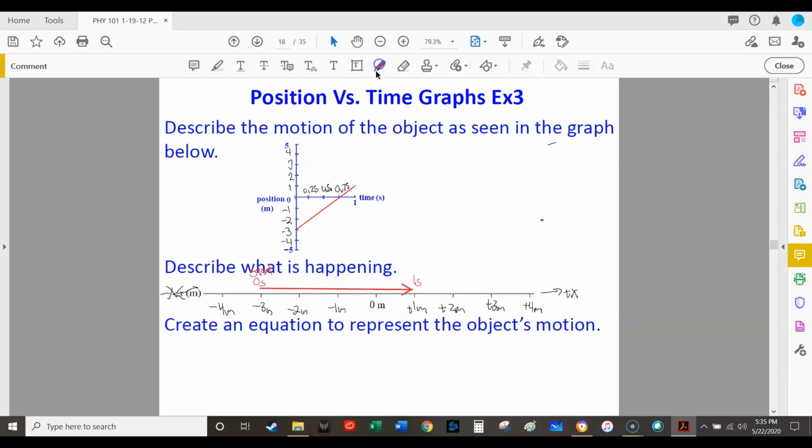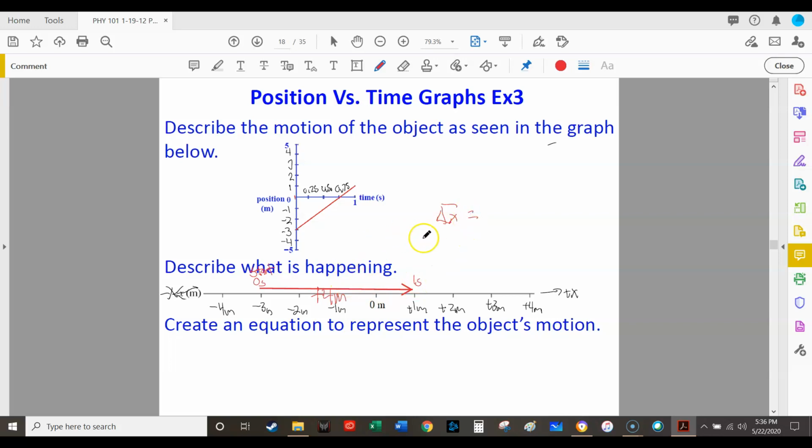So that'll be a total displacement of +4 meters over the period of that 1 full second. So what I'm guessing is that this displacement vector is going to be +4 meters.